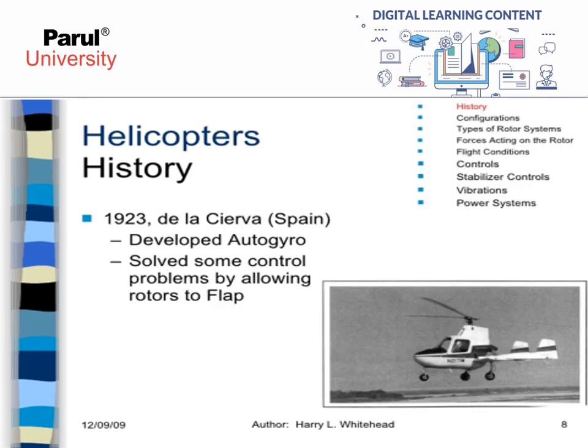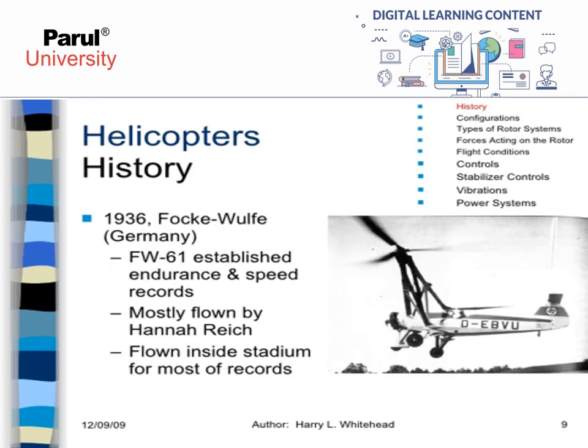Now next is the helicopter history. In 1923, De La Cierva, Spain, developed autogyros, which solved some control problems by allowing the rotors to flap. You can see in these figures. Now in 1936, Focke-Wulf, Germany, FW61 established endurance and speed records, mostly flown by Hanna Reitsch, and flown inside a stadium for most of the records.